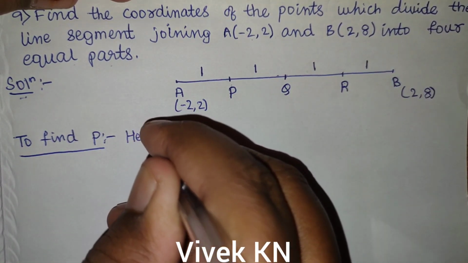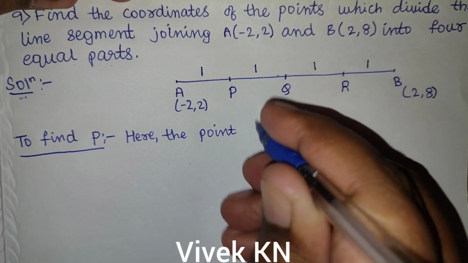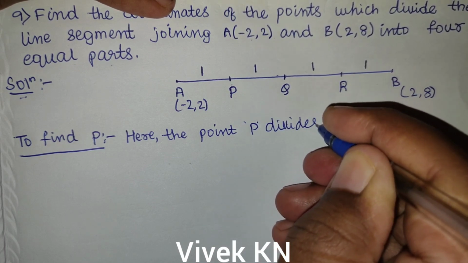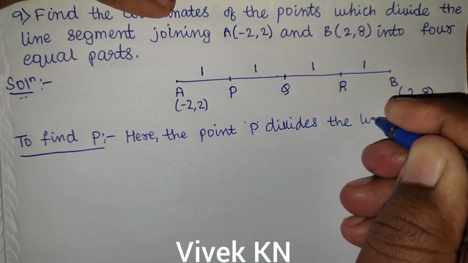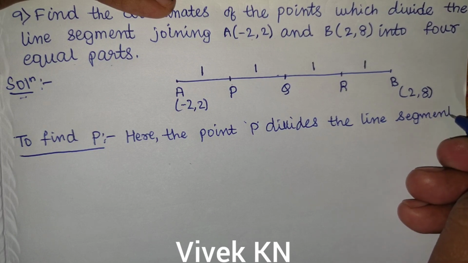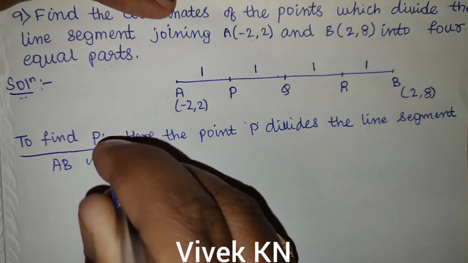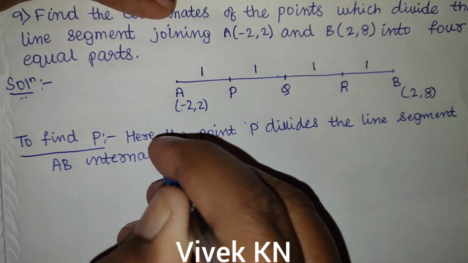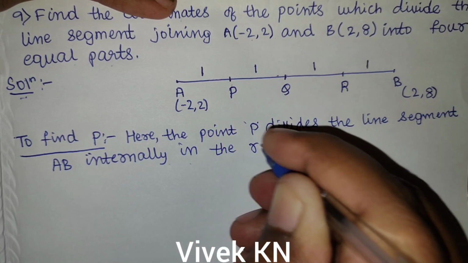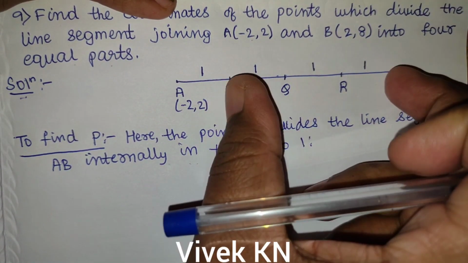Here, the point P divides the line segment AB internally in the ratio 1:3.